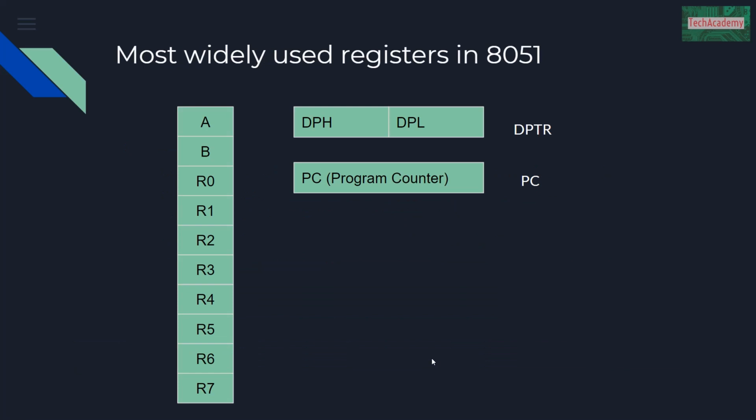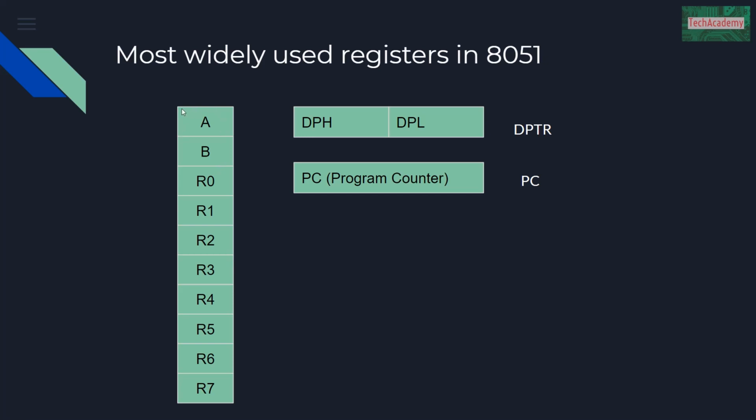In the 8051, as I discussed earlier, there are some widely used registers like register A, which we call the accumulator, then register B, then register 0, register 1, register 2 up to register 7. These are generally called R0, R1, R2, R3 up to R7.